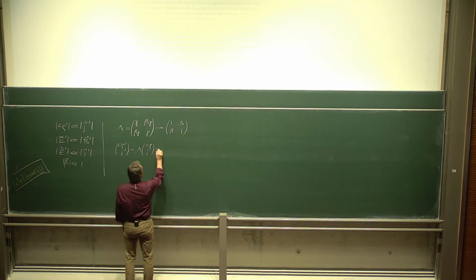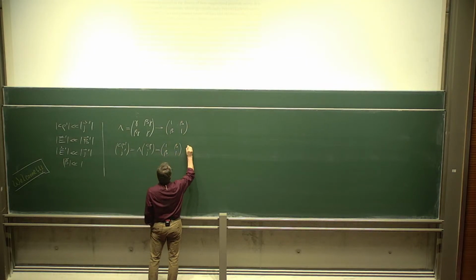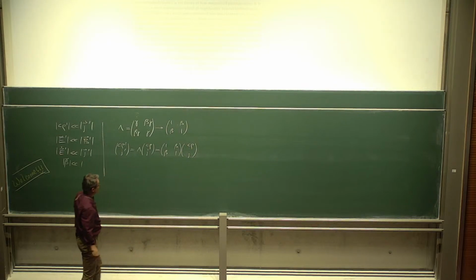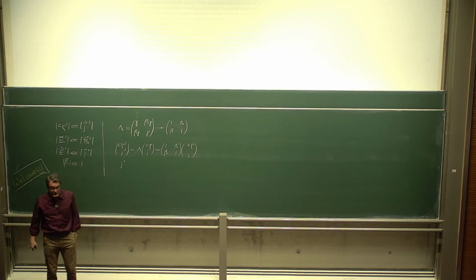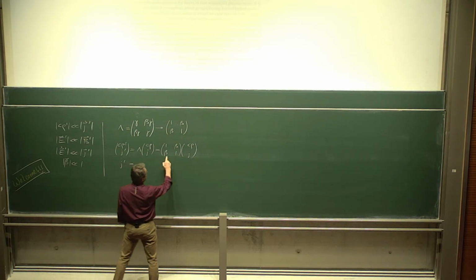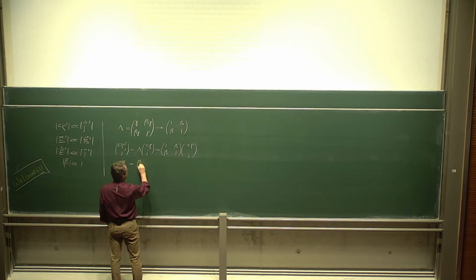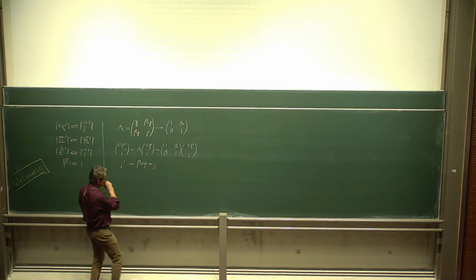And so I would have to multiply this matrix here with this 2-dimensional vector. And now I'm targeting the J prime component. And I can write J prime is beta C rho plus J.